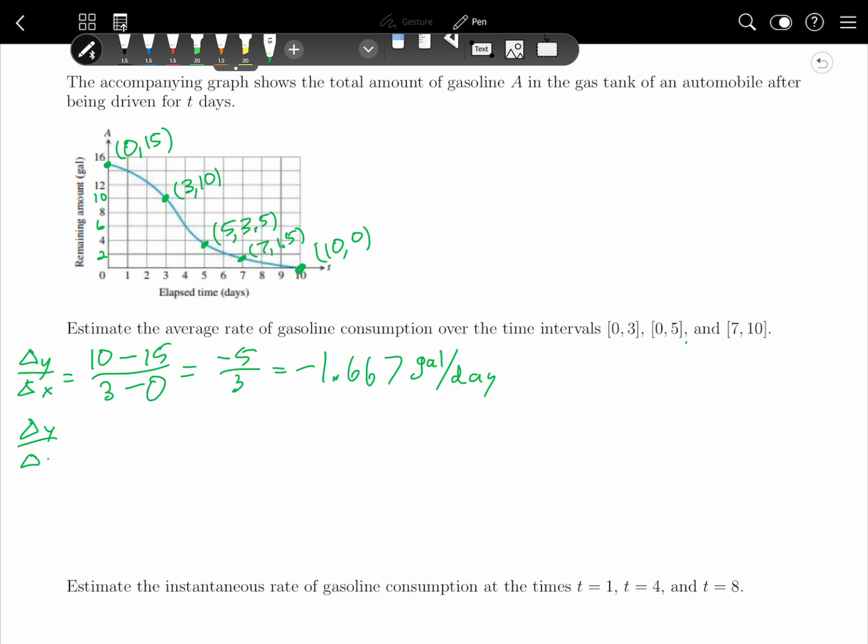Okay. For the second one, same idea, except now I'm going from 0 to 5. So it'll be 3.5 minus 15 over 5 minus 0. 3.5 minus 15 is negative 11.5 divided by 5.